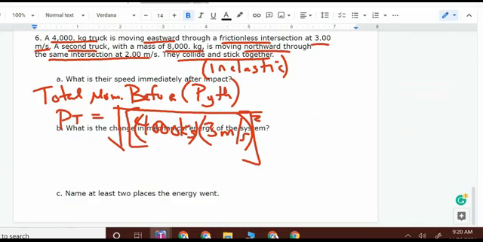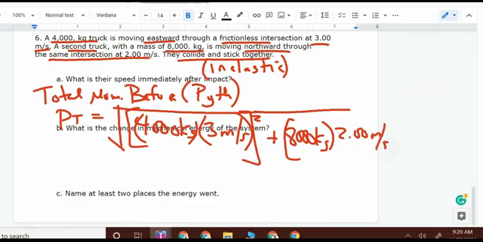It's the square root of each one of them squared, plus the second truck, 8,000, multiplied by 2.0 meters per second. That whole momentum gets squared.